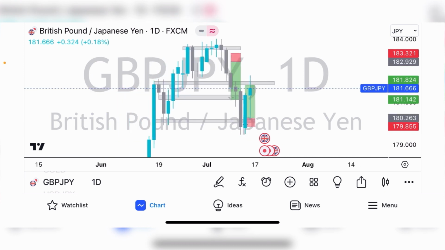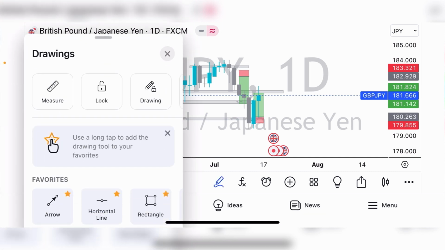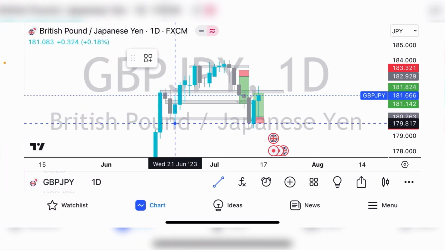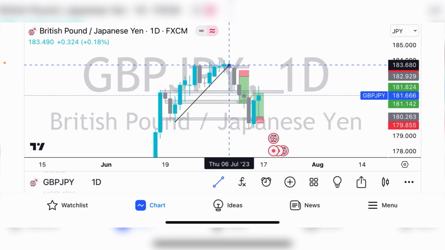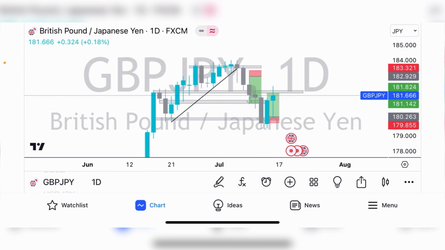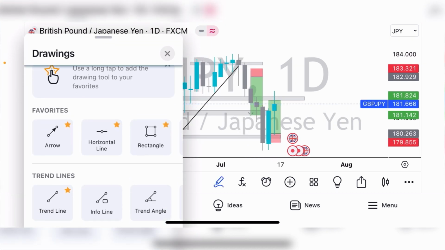Okay, just take some trend lines and see this pattern right here on the daily time frame.